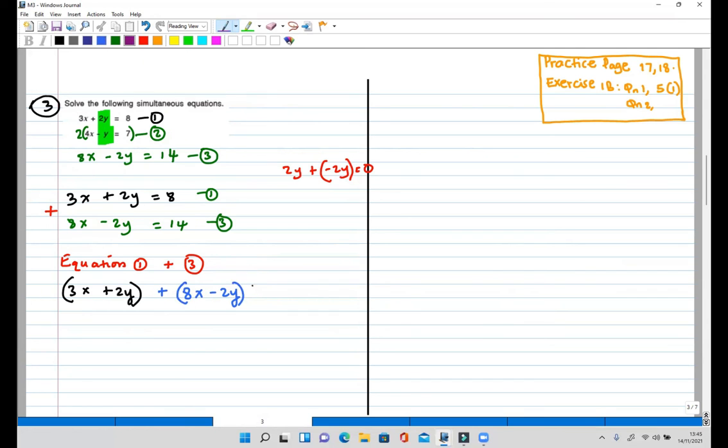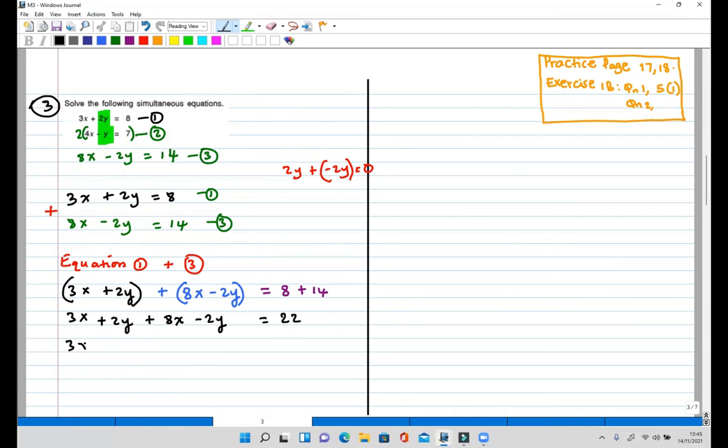This is equal to 8 plus 14. Okay, now we have 3x plus 2y plus 8x minus 2y is equal to 8 plus 14, which is 22.